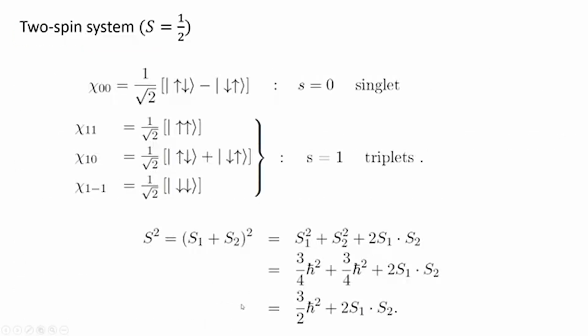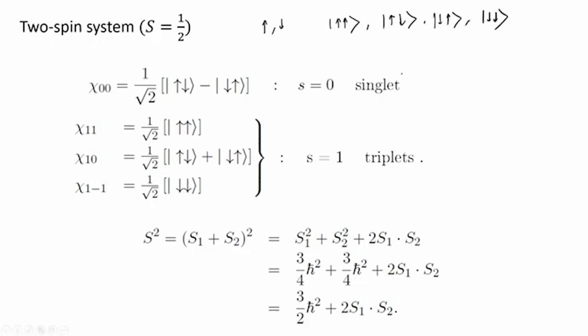Coming to the mean field theory, let us see what the structure of the Hamiltonian is, and to begin with, let us start with a 2-spin system. It has just 2 spins, and there are 4 states, because there are 2 spin-half particles, up and down: up up, up down, down up, and down down.